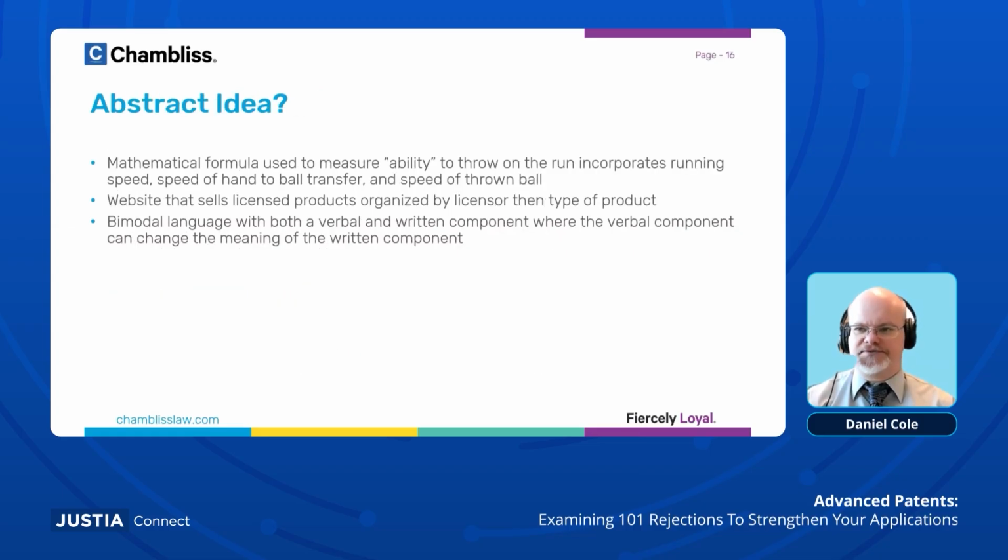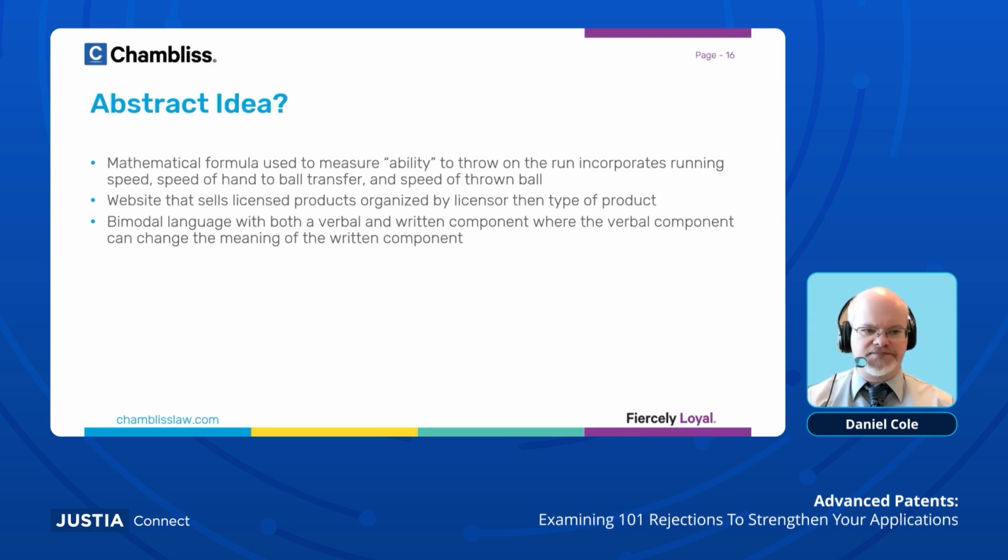Are these going to be an abstract idea? A mathematical formula used to measure ability to throw on the run, which incorporates running speed, speed of hand to ball transfer, and speed of a thrown ball. This is something you might do if you were looking at baseball and doing the Moneyball situation of trying to decide who a team should pick up.